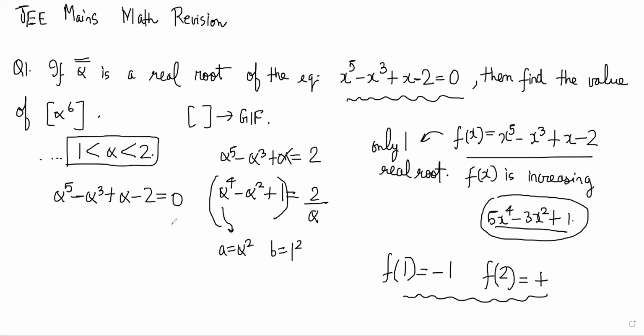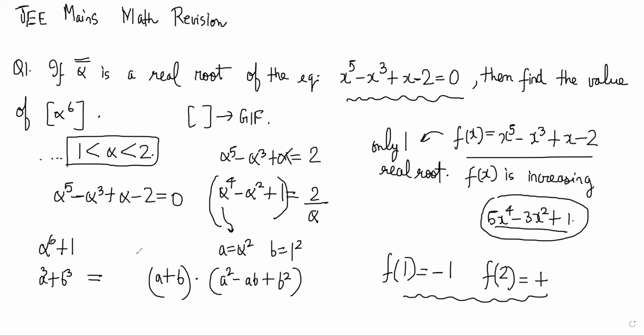If I need an alpha power 6, I need a cube somehow. And I have a square minus ab plus b square. So one thing you can do to get a cube is use the formula a plus b multiplied by this, right? That gives us a cube plus b cube. That would have been alpha power 6 plus 1.